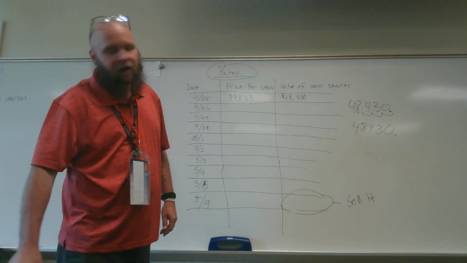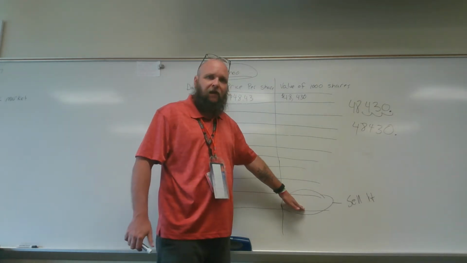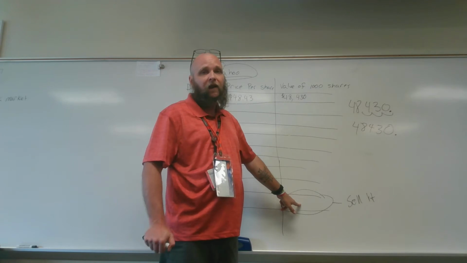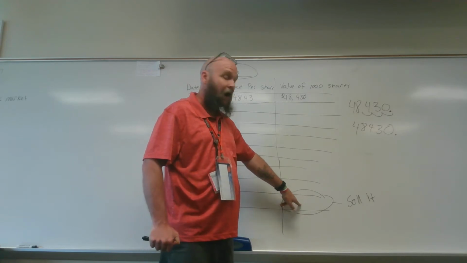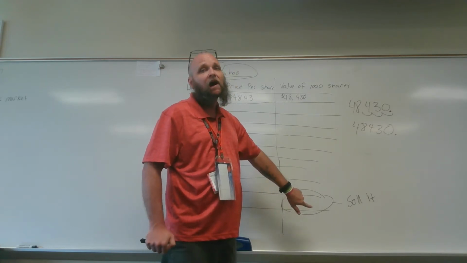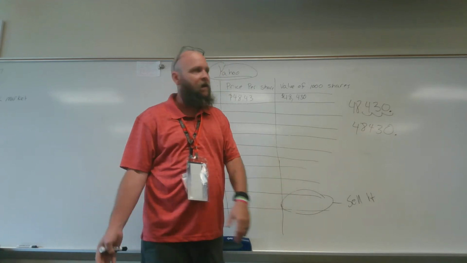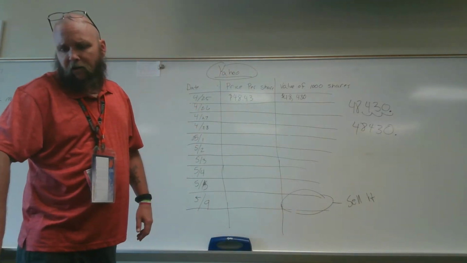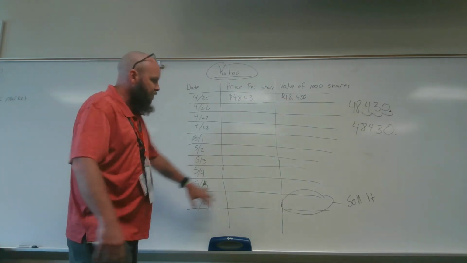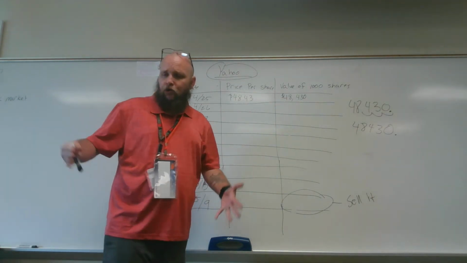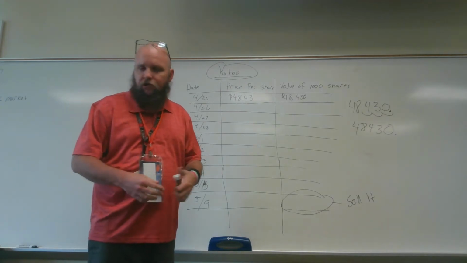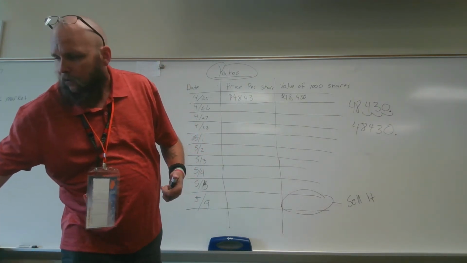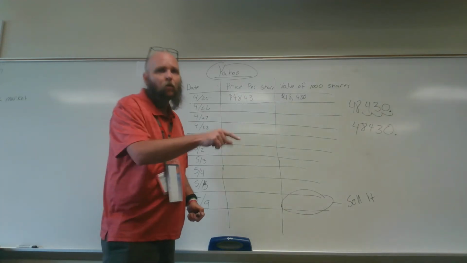And then you're going to say, at the end, did you make money? So at the end, if my value here is more than $48,430, I made money. If it's less, I lost money. And how much did I make or how much did I lose? And then at the last, after we did this, you're going to do some research and decide if you bought something else, would you have made money that way?